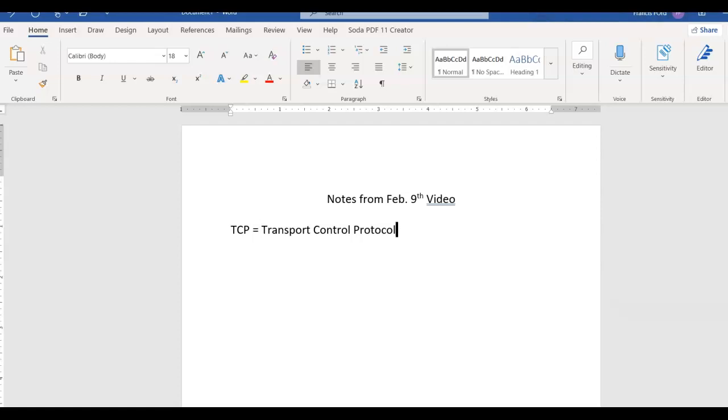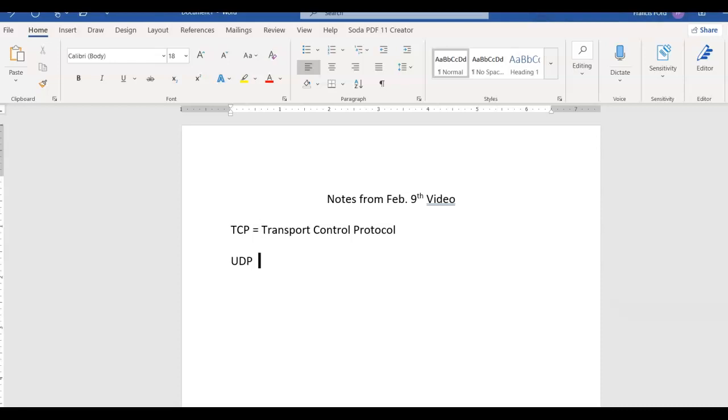Now, this is the one that most of the things we do use. It's a good one. But there's also one called UDP. I'm not sure exactly what the letters stand for, but basically this is a quick and dirty one.